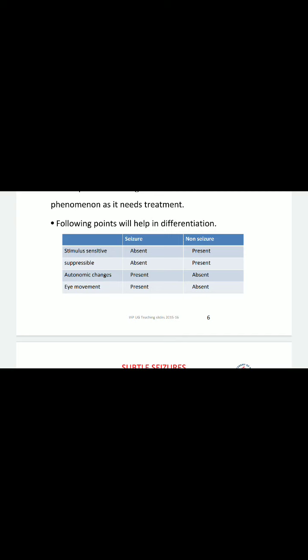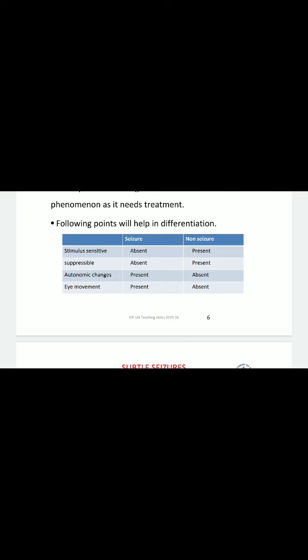And the seizure cannot be restrained, but a pseudo seizure or a non-seizure can be restrained. If the child is shivering because of the cold, if you hold the hand, it will stop. But if it is a seizure, it cannot.